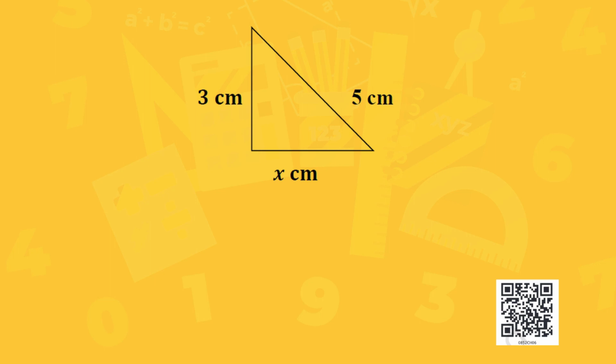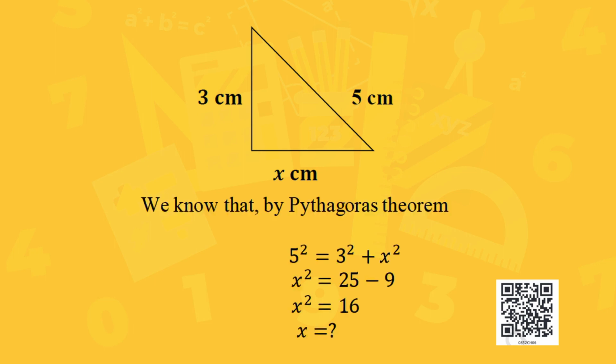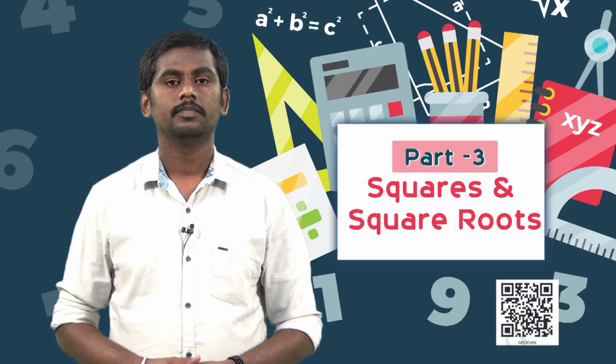So now by Pythagoras theorem we can write it as 5 square is equal to 3 square plus x square. Upon simplification, we can write this as x square is equal to 25 minus 9, which implies x square is equal to 16.